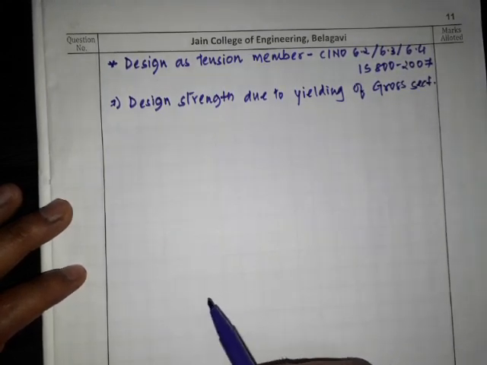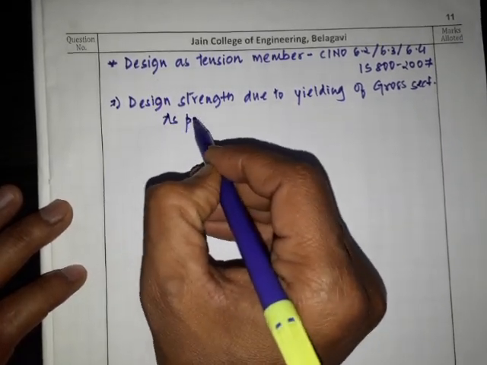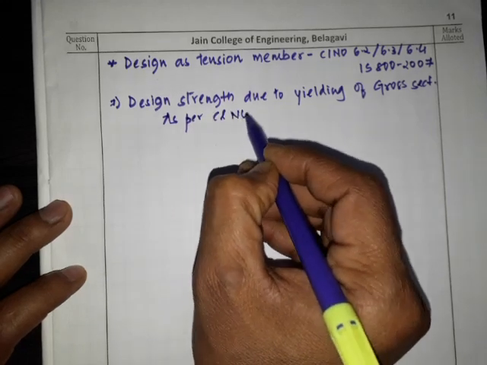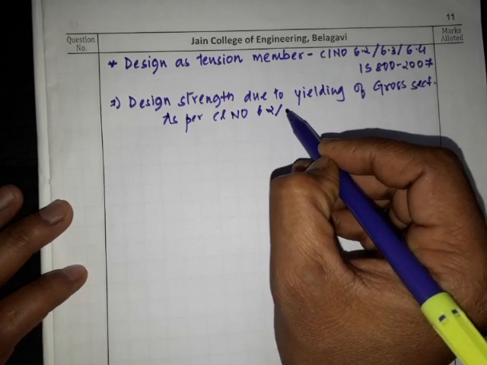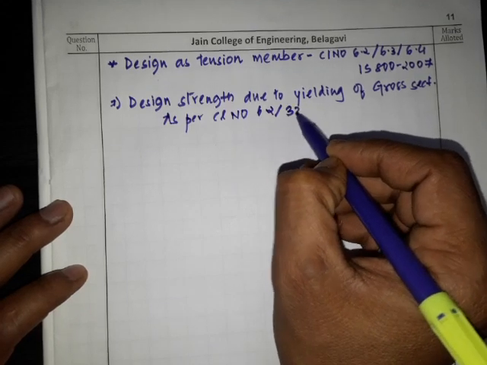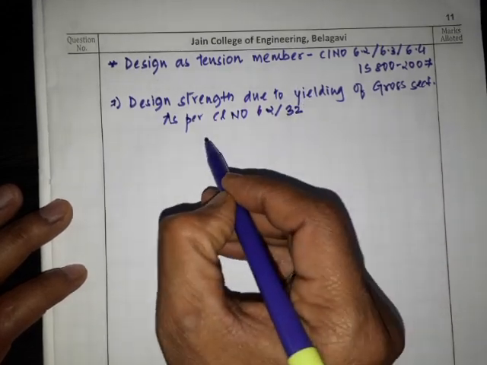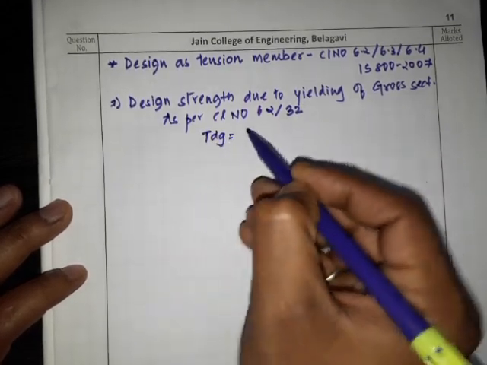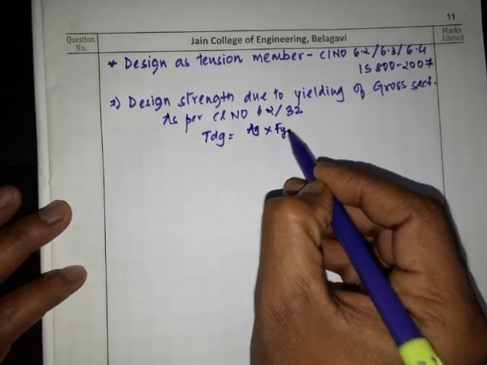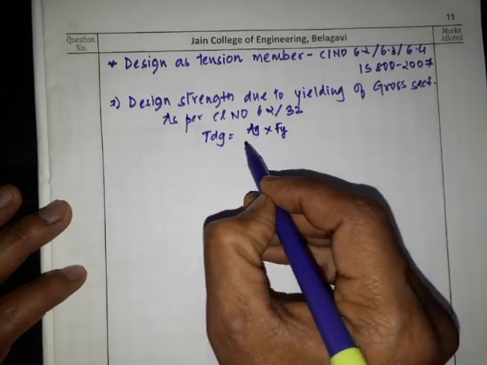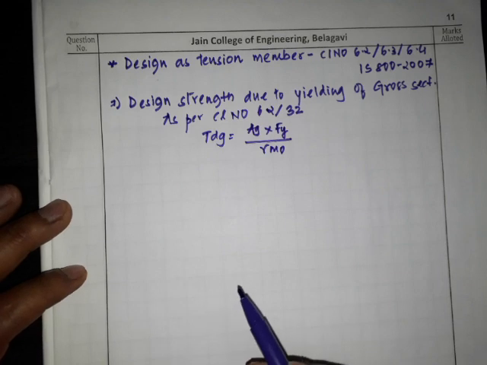That is as per clause number 6.2, page number 32, which is given by Tdg is equal to Ag into Fy upon gamma m0. Tdg is equal to Ag into Fy upon gamma m0.